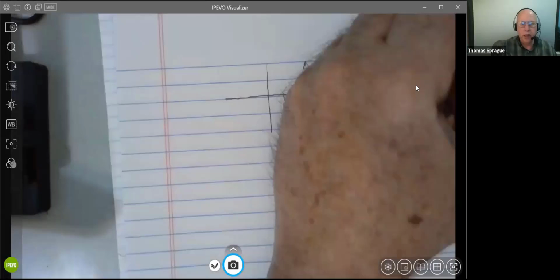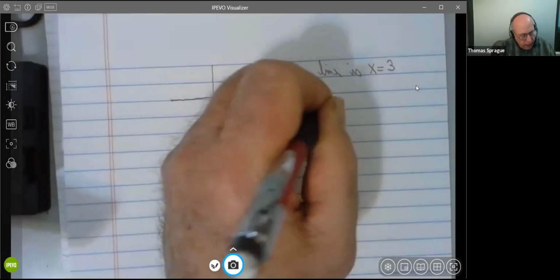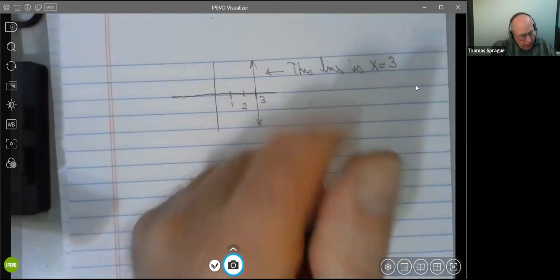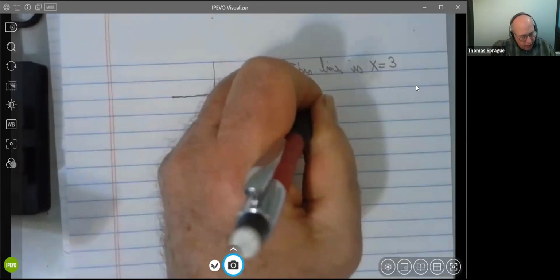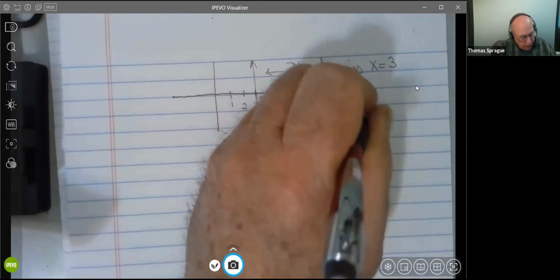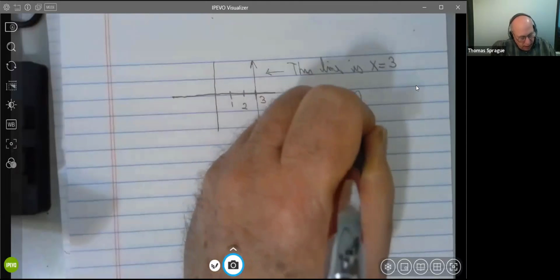Well, you use this. On the unit circle, we have x is equal to r cosine theta. And we have y equals r sine theta.